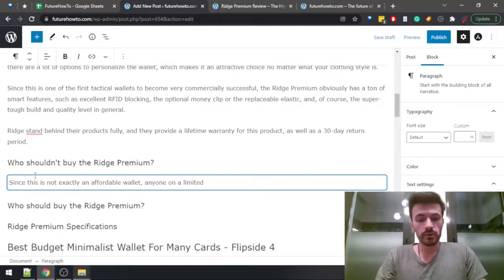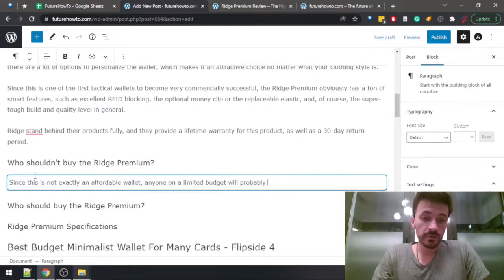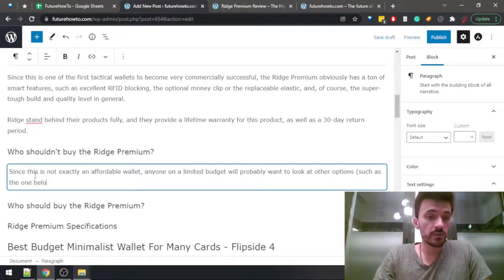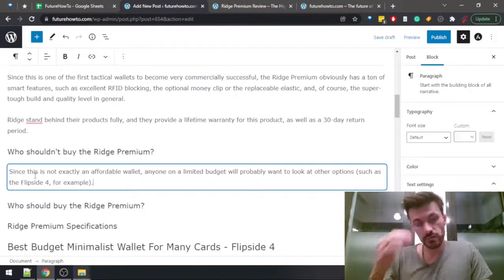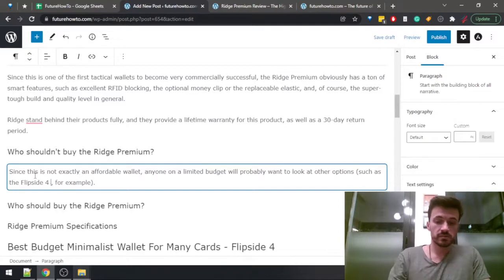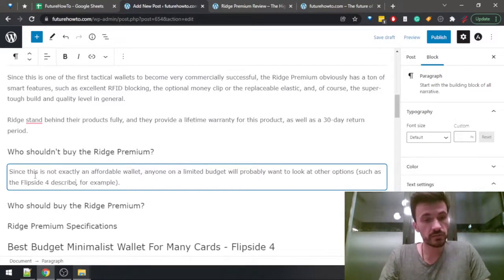So anyone on a limited budget will probably want to look at other options, such as the one below, or such as the Flipside 4, for example. Yeah, this is in the same article, so described below.